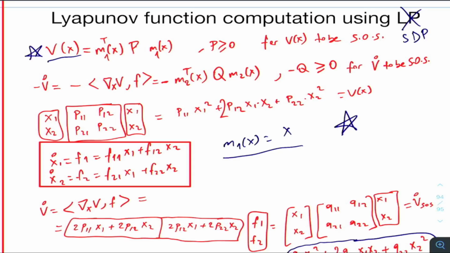So there must be a Lyapunov function, meaning the nonlinear system has stability in the sense of Lyapunov. And if you're sure that your system is stable, then move on to this step.